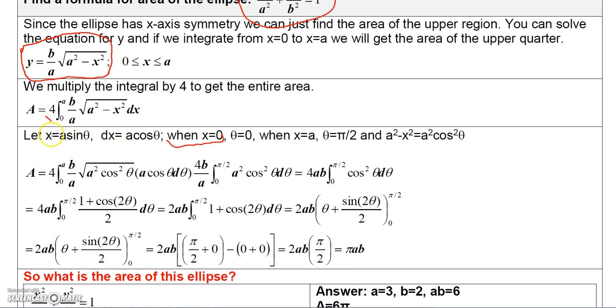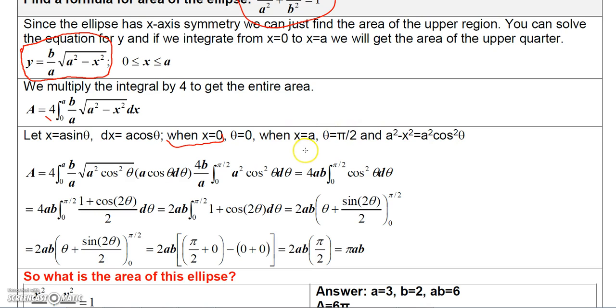When x is 0, then theta would be 0. And also, if x was a, we could put a in here for x, and we would see that sine of theta equals 1, so theta would be pi over 2. So basically, that means we're going to be integrating from 0 to pi over 2 on our theta variable.